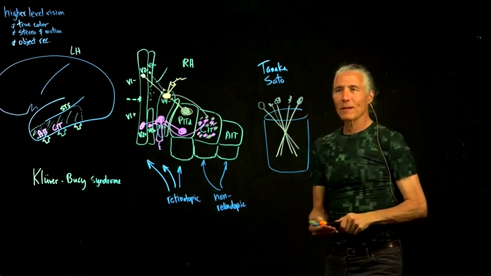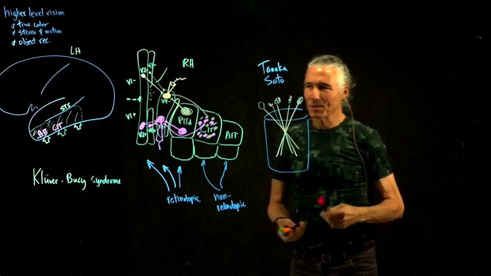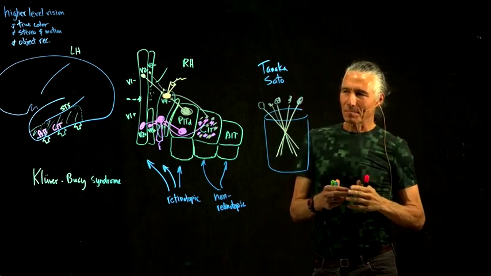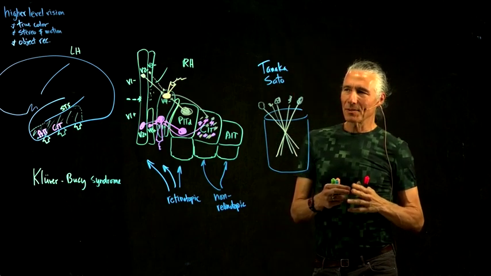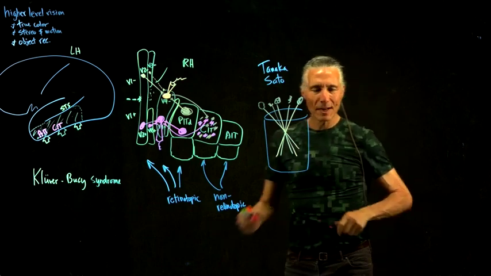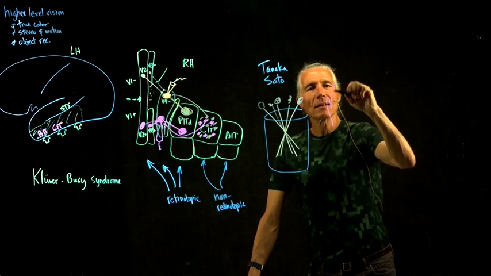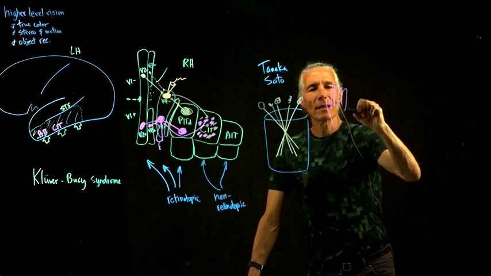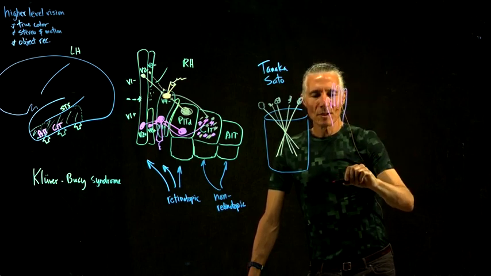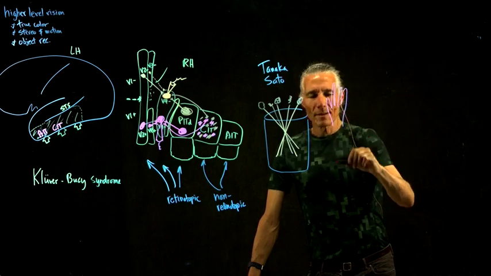And then there was an army of graduate students with scissors and paper. Say you find a cell that likes a shadow of a hand. You could ask, what is it really like?